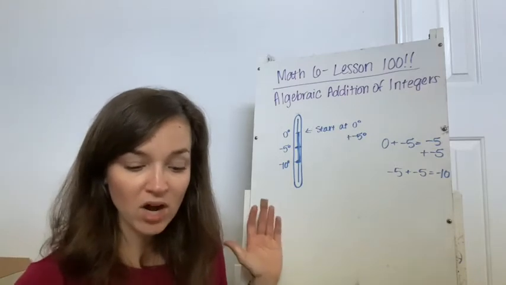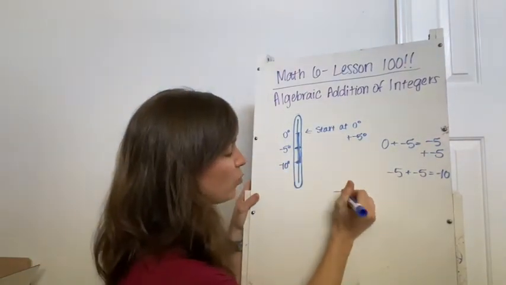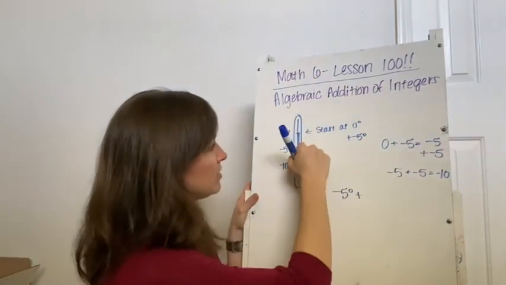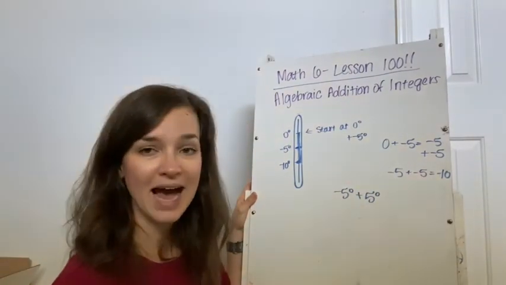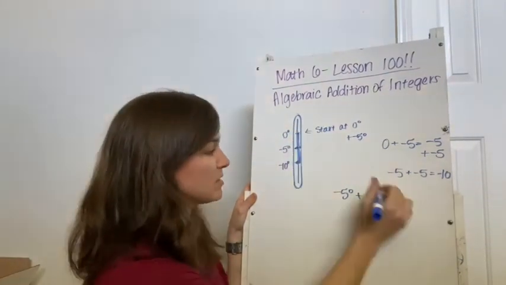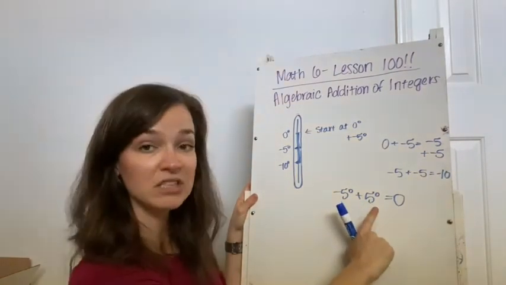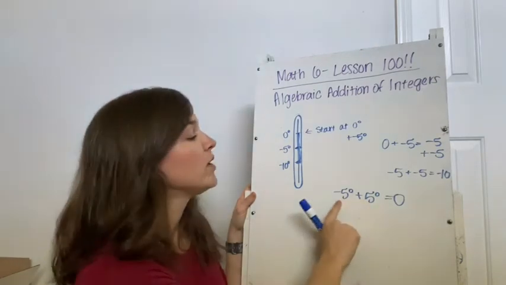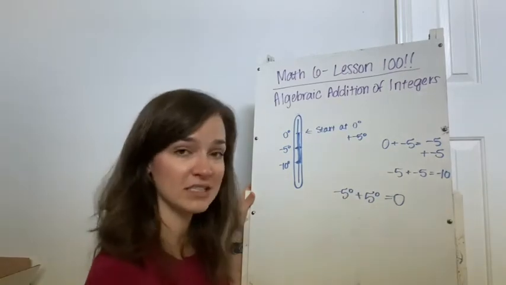Now, if we are at negative 5 degrees and we see the temperature go up 5 degrees, then that will take us back up to 0. So there we see that when the signs are different, when we have a negative being combined with a positive, we are actually subtracting the values, because 5 minus 5 is 0.